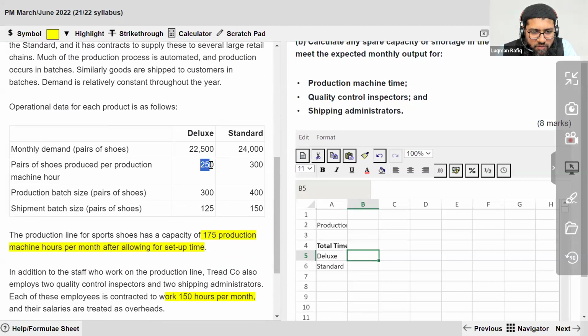Okay, this is the production per machine hour. Demand divided by production per machine hour.